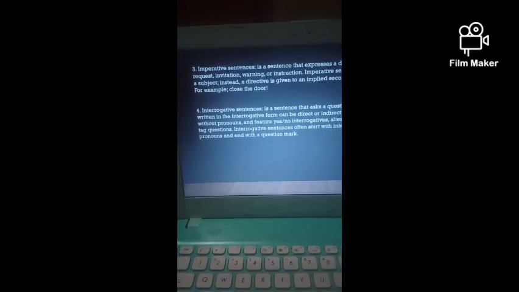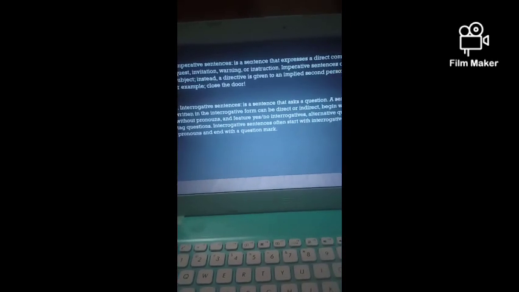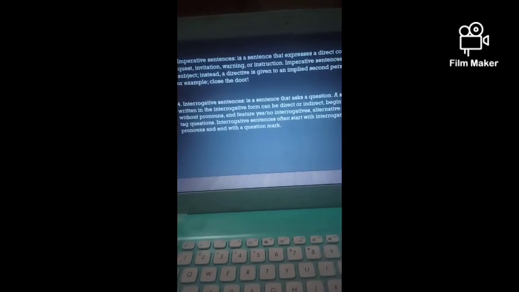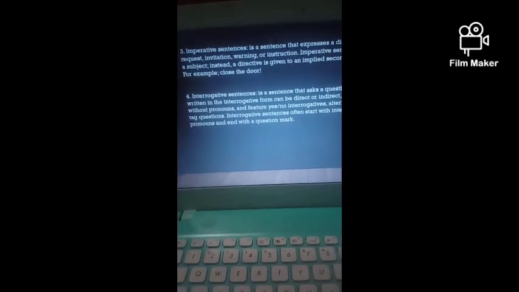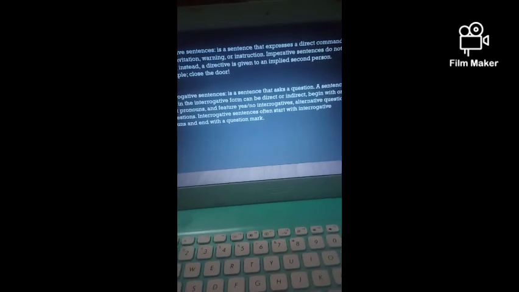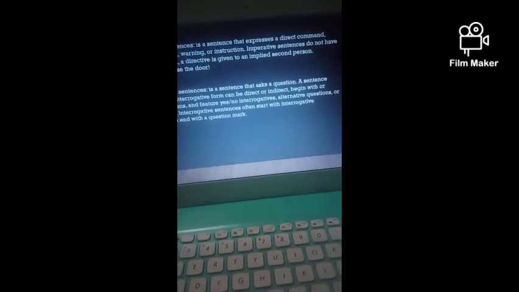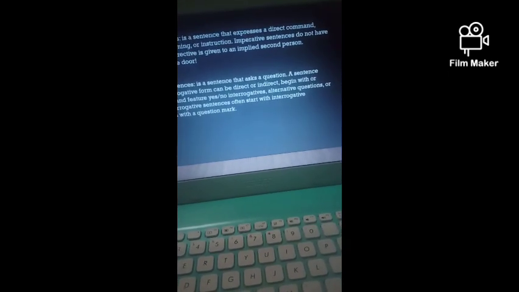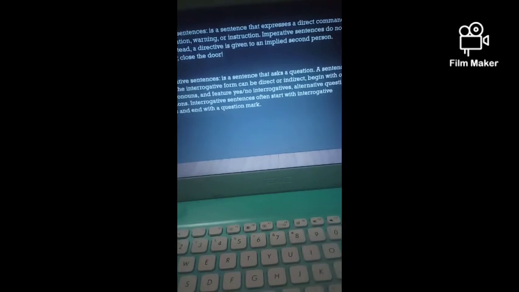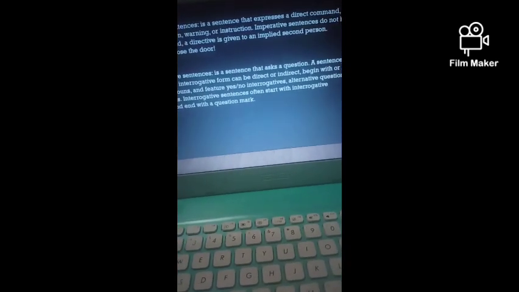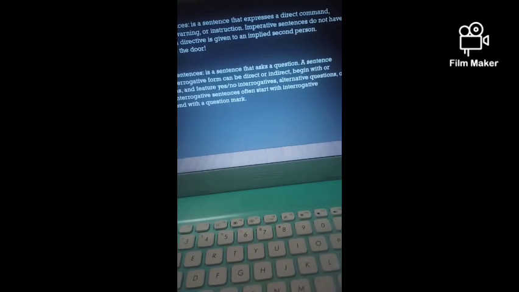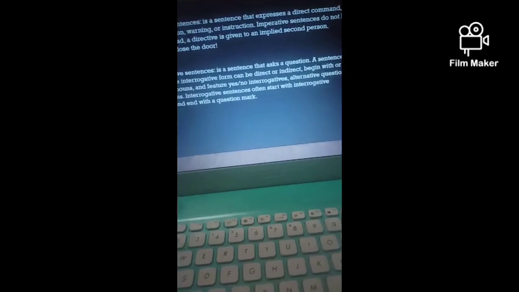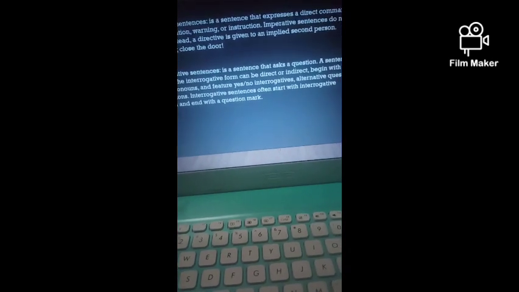The last is the interrogative sentence, a sentence that asks a question. A sentence written in the interrogative form can be direct or indirect, begin with or without pronouns, and feature yes or no interrogatives, alternative questions, or tag questions.